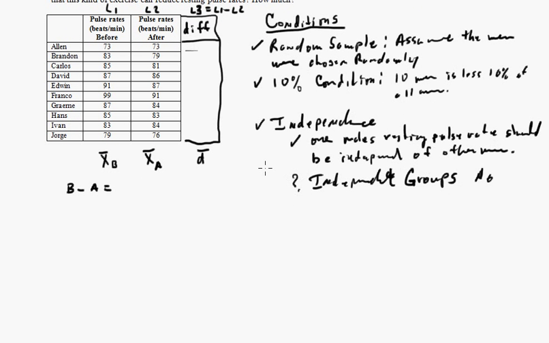So here, instead of saying independent groups, that'd be kind of a mistake in this case. Let me do that again. What we want to say instead is what we have is matched pairs data.